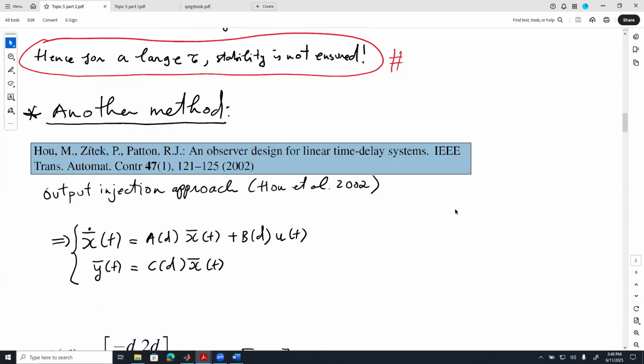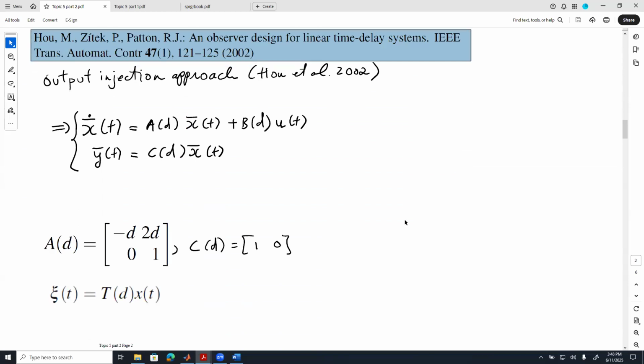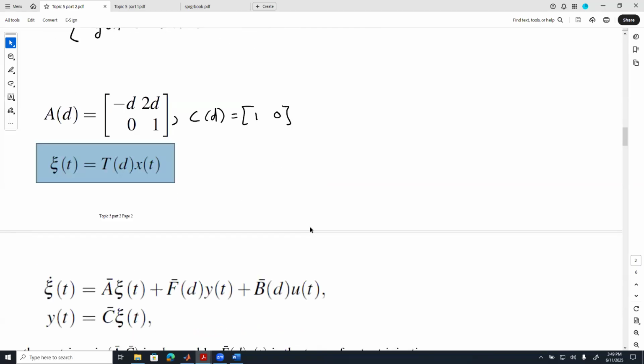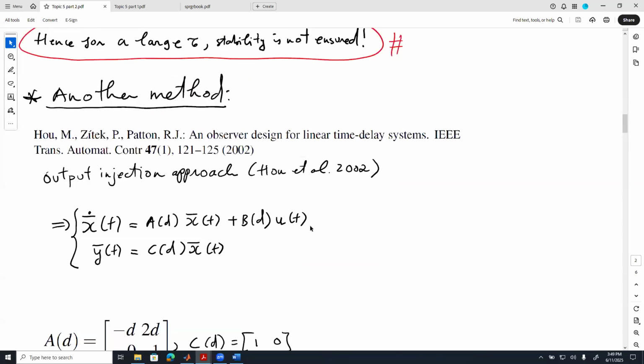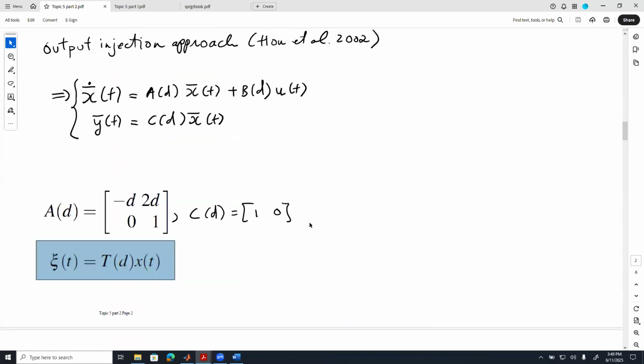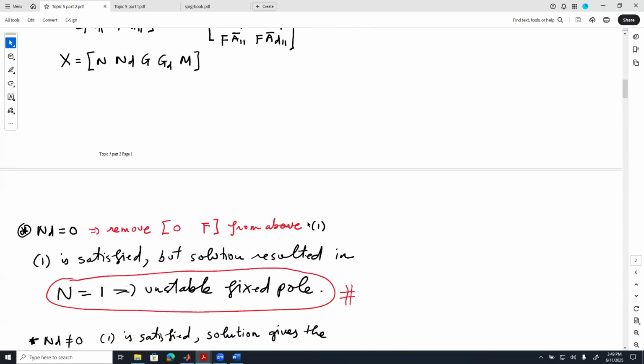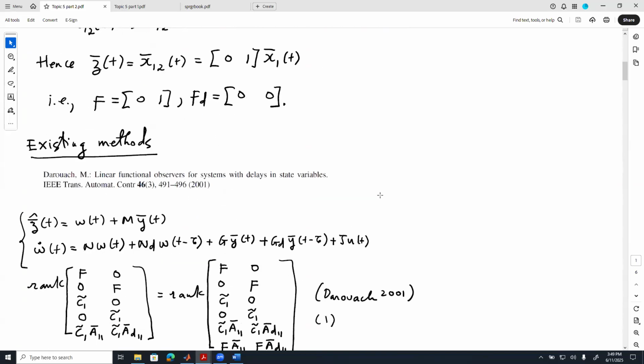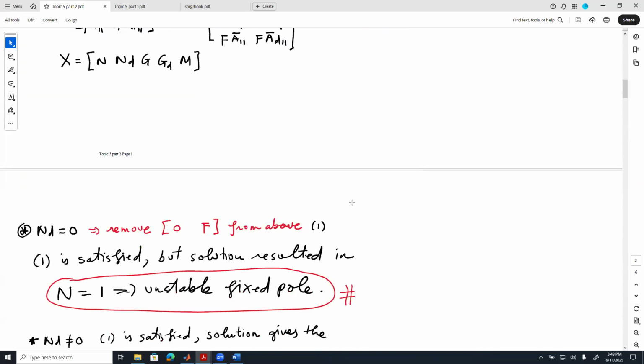The idea there is to introduce a coordinate state transformation, which involves the delay operator D. With this coordinate transformation, we can transform a time delay system where there are delays in the state vector, like in here, so that they disappear and are injected into the delayed measurements.